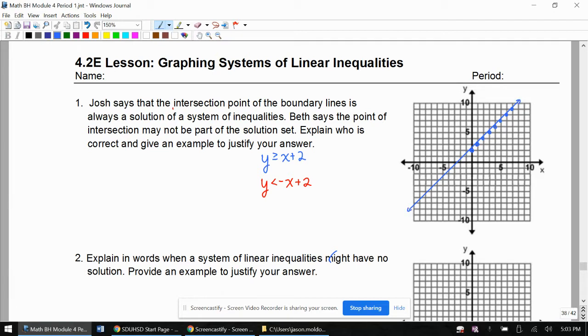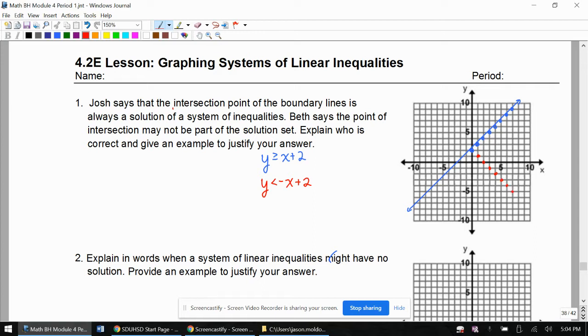And this one would be shaded, y is greater than or equal to, would be shaded above. We're going to wait to shade until we look at our other line, but you can start to visualize where that is. This one starts at 2 and it has a negative 1 slope.